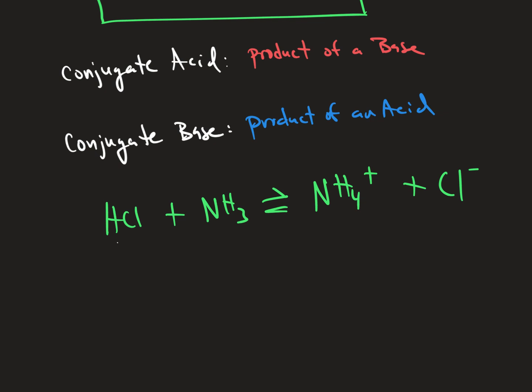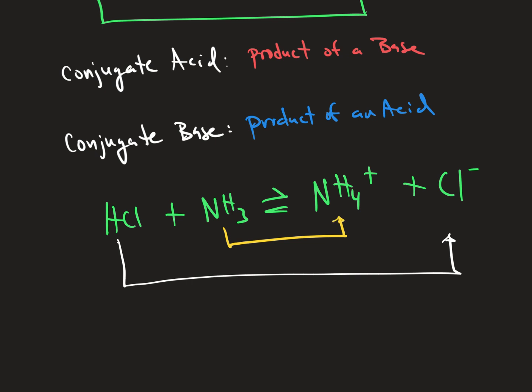Okay? HCl turns into what? Cl, right? And NH3 turns into NH4. That means HCl and Cl go together, and NH3 and NH4 go together. So which one's the acid?